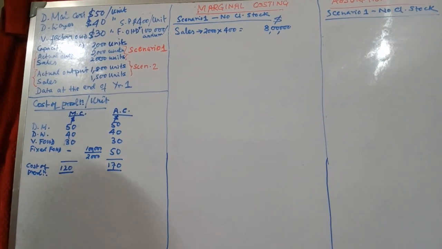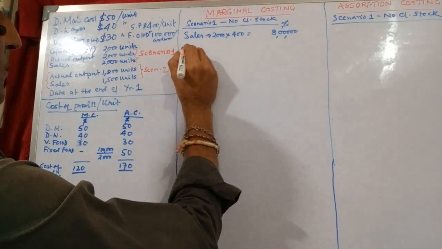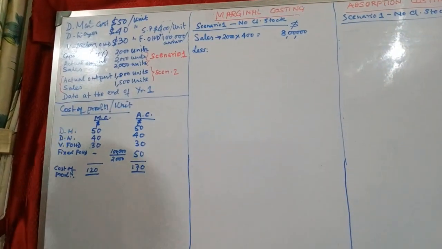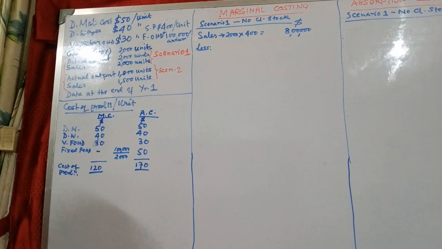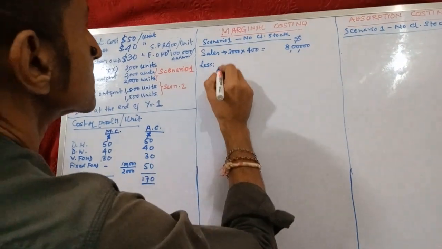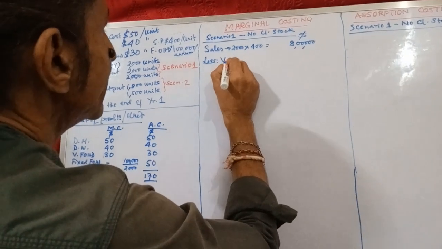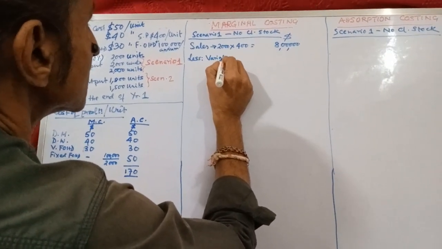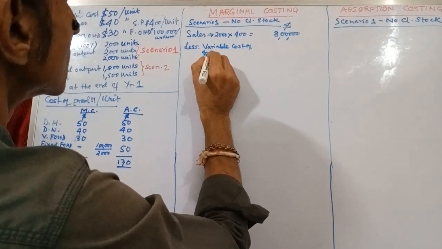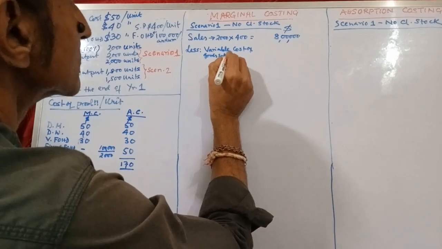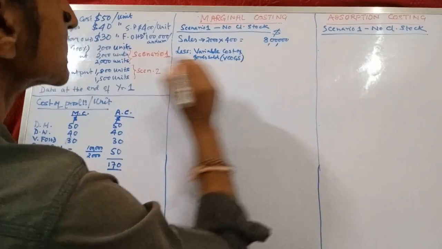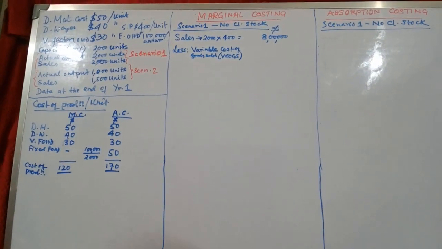Okay, less, under marginal costing. What we do? We deduct the variable cost from sales. So less variable cost of goods sold, or variable COGS, VCOGS, variable cost of goods sold.